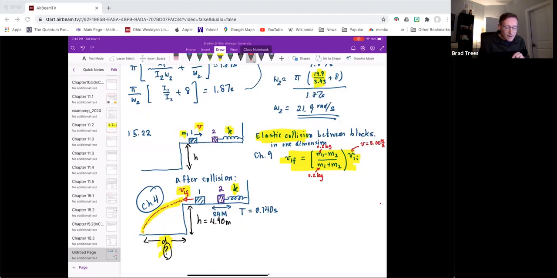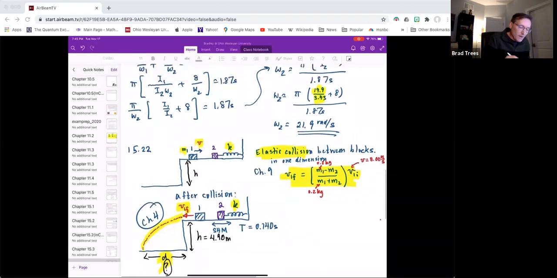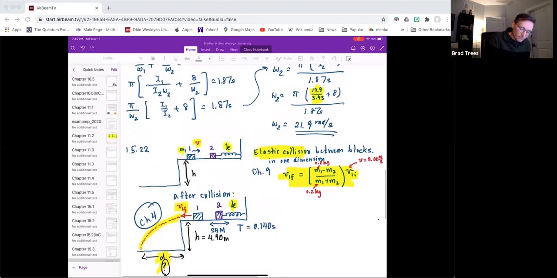So now the only remaining question is, what is the mass of block 2? Because they don't say. Well, here's what they do say. Look at the second picture. After the collision, block 2 is now in simple harmonic motion on a spring, and I know the period of that motion.